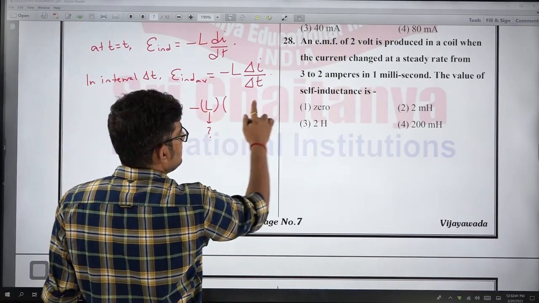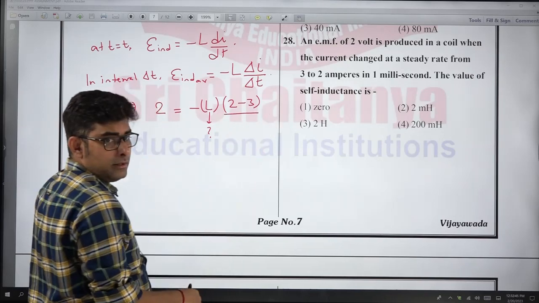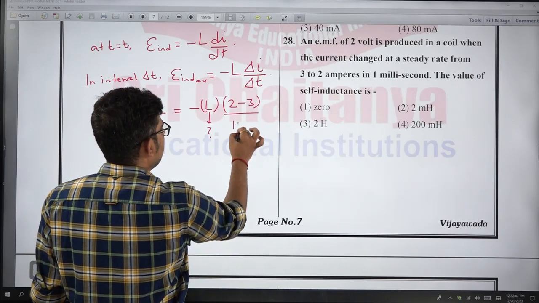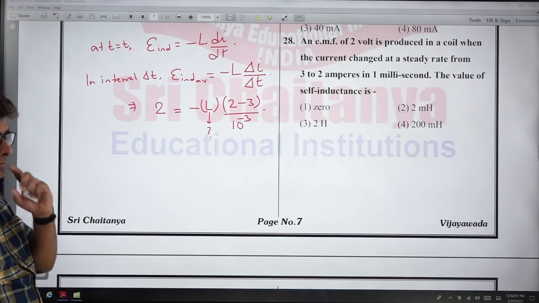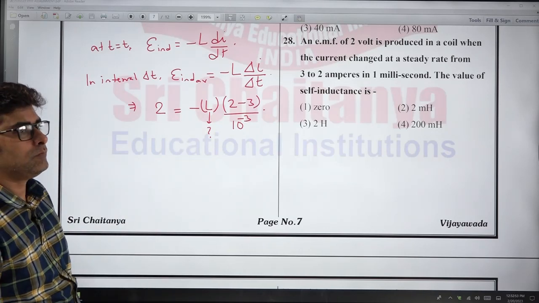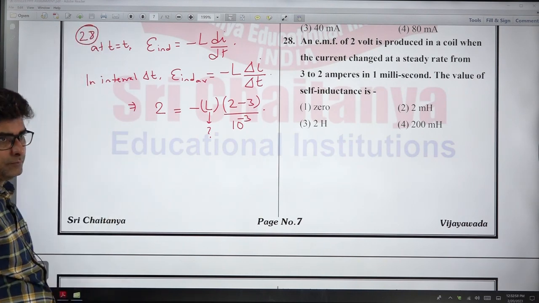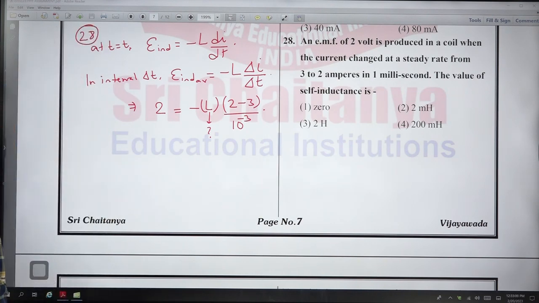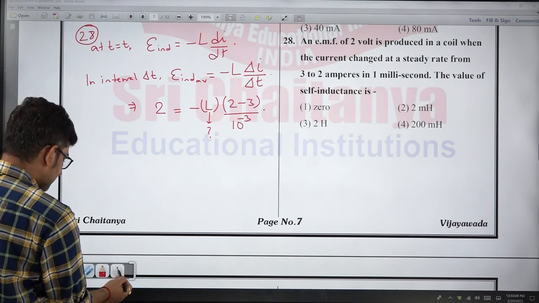Delta I change 3 to 2 means 2 minus 3, and time is 1 millisecond means minus 3. So you can get L from here. Clear? Okay. So this was the concept to be used.